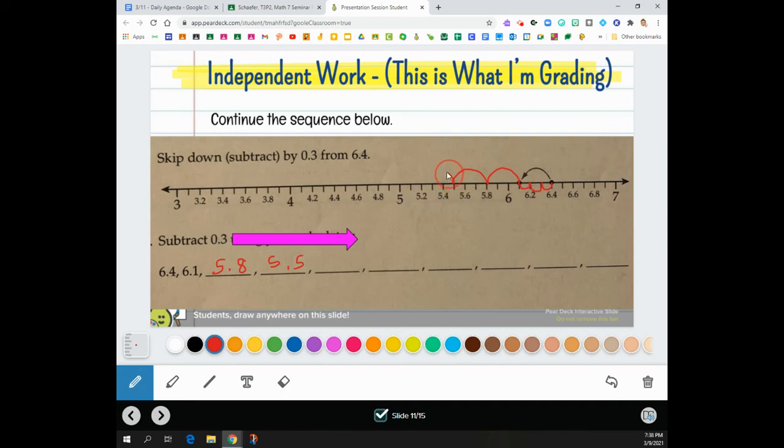I'm going to make my jump, making sure that I have 3 small jumps underneath, and I do, and I landed exactly at 5.2. I'm going to make my jump again. I'm landing in between 4.8 and 5. That would be 4.9.